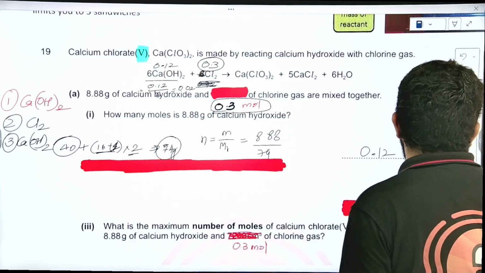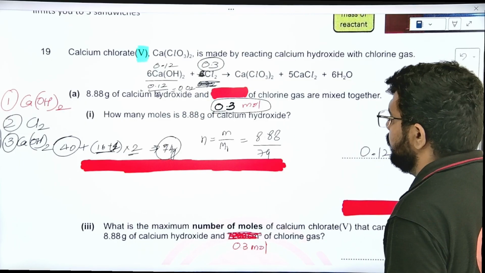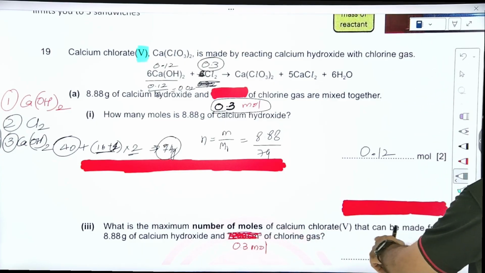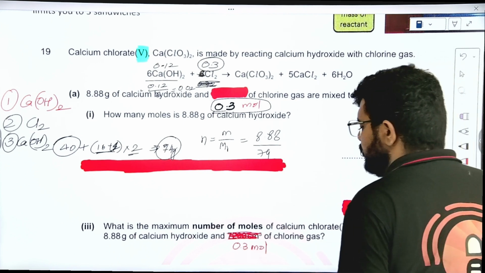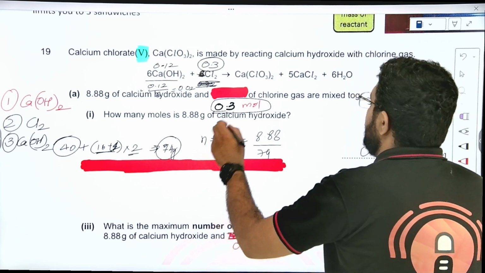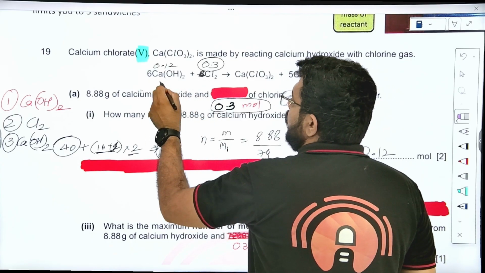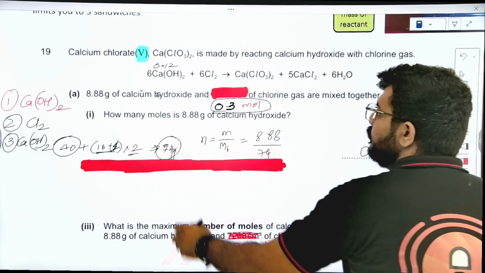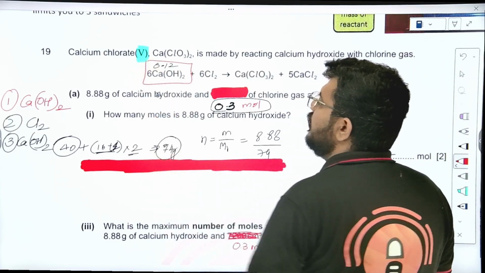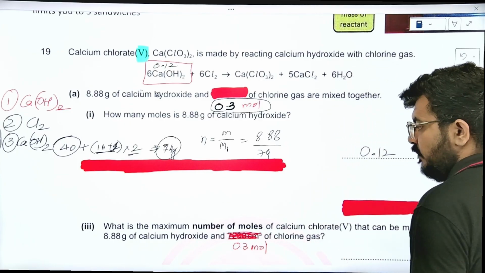So, let me quickly explain to you how to find out the number of moles of calcium chlorate that can be made from 8.88 gram of calcium hydroxide and 0.3 mole of chlorine gas. For this, you'll have to forget that chlorine, the one that is in excess, even exists. You have to then calculate everything from your limiting reagent. So, what do they find out?